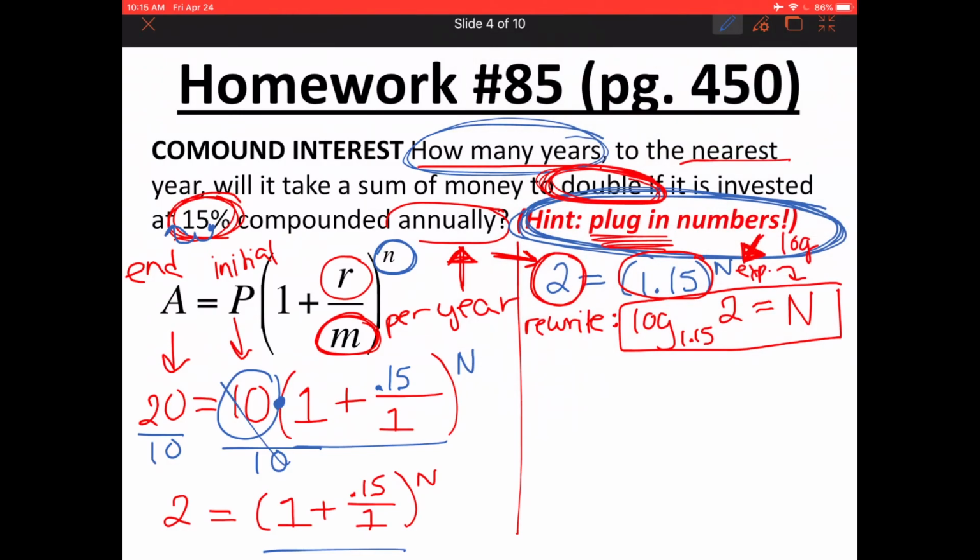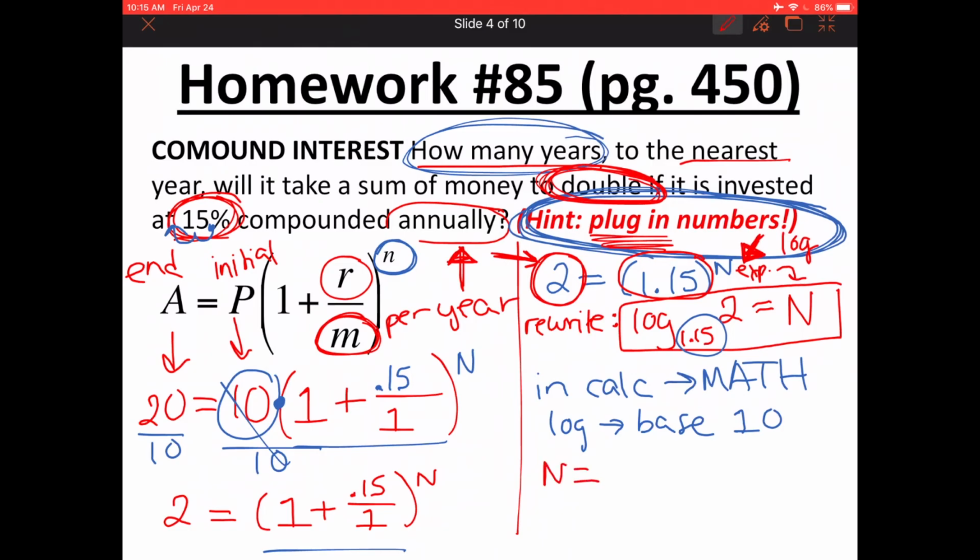Now this is super easy from here, right? Remember, we just go into the calculator. Default log is base 10. So since this is base 1.15, remember in the calculator we have to hit that math button and then scroll down till you can change the base. All right? And so once we're able to just put that into the calculator, we end up with n equals 4.96.